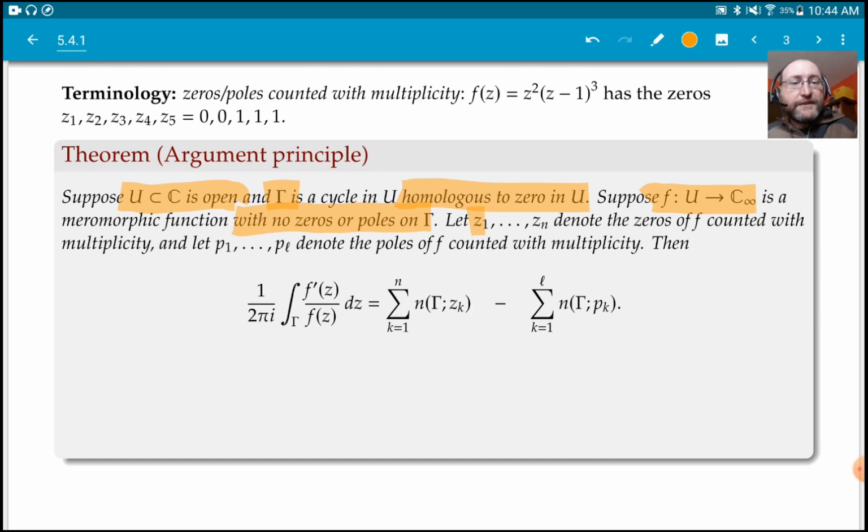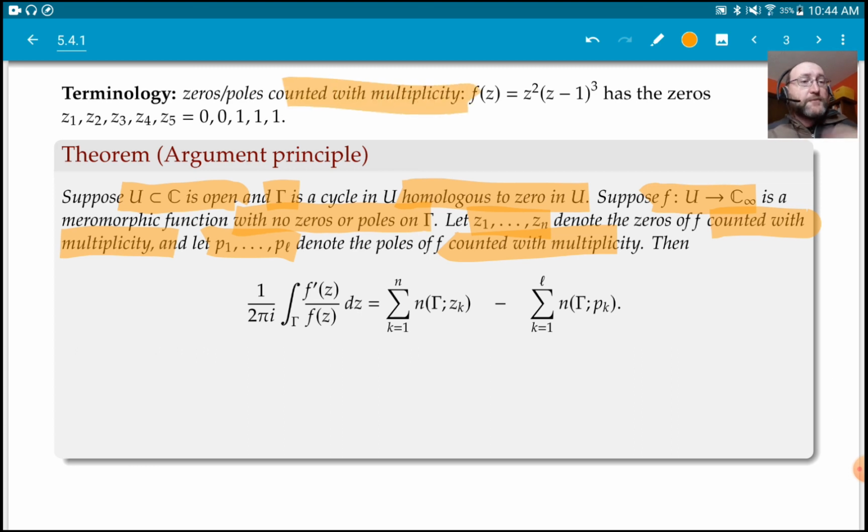Now suppose that z1 through zn are the zeros of f counted with multiplicity. So suppose that we have just finitely many zeros in U, and p1 through pl, again finitely many, are the poles of f, and these are both counted with multiplicity, just like over here.